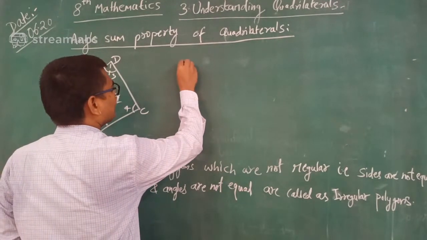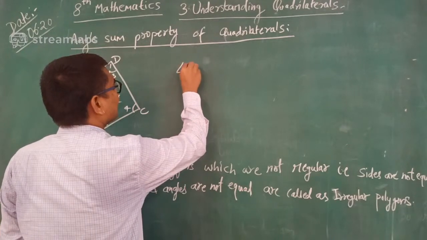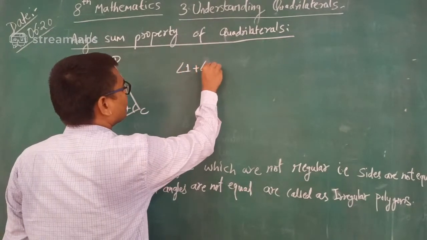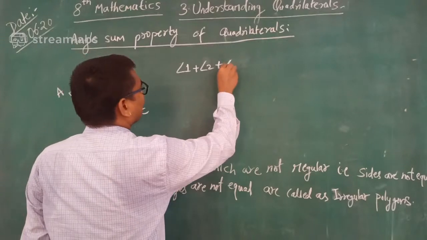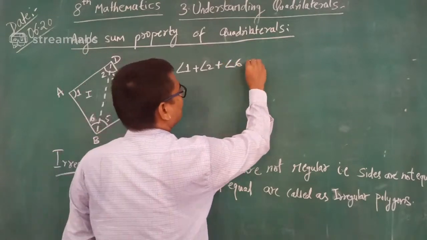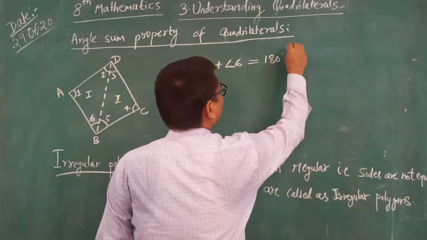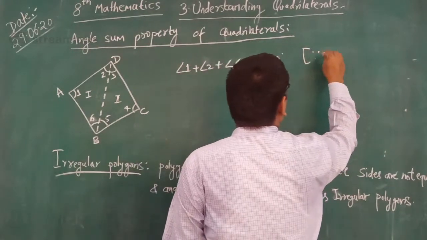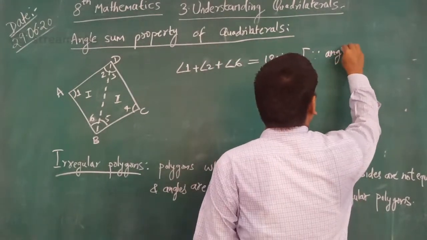So angle 1 plus angle 2 plus angle 6 is equal to 180 degrees, by the angle sum property of triangles.